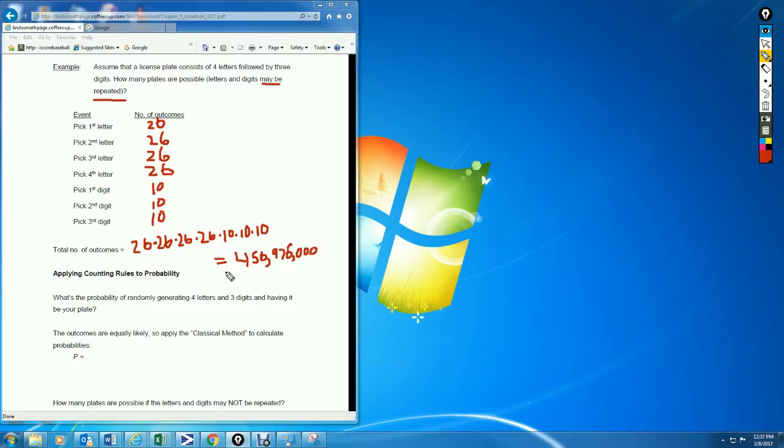And just so you know, when we're doing this kind of a method, this is what I refer to as the fill in the blank method. So in other words, I would say, okay, my first letter, second letter, third letter, fourth letter, first digit, second digit, third digit.